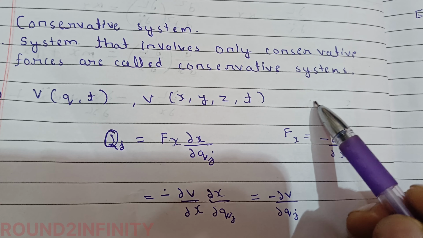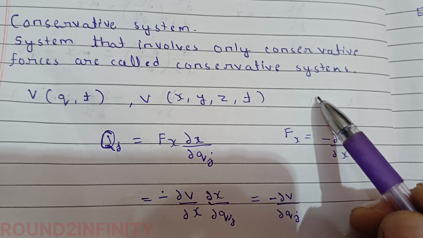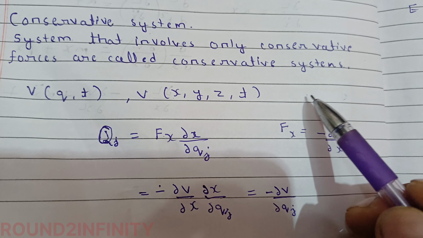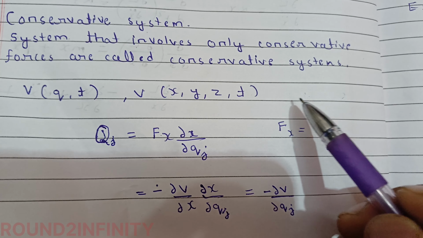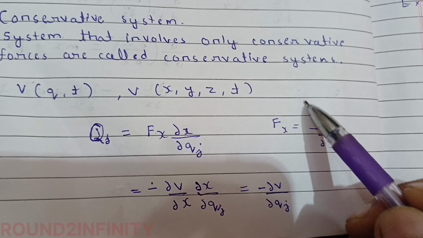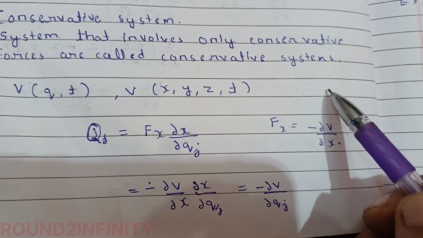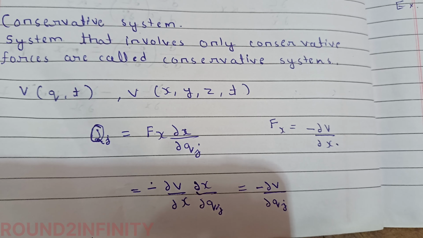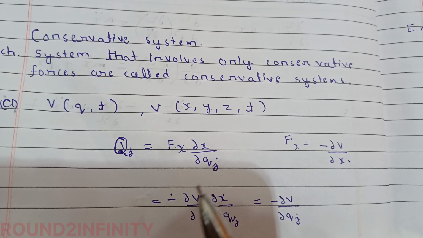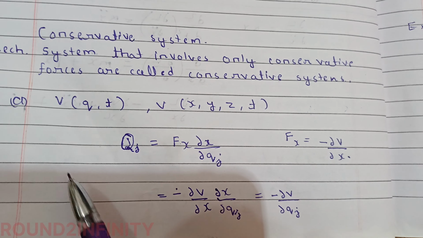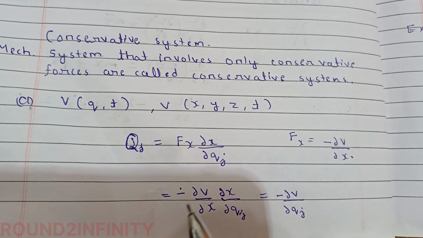Then you can write this force as the gradient of some scalar, del phi, and del cross del phi is 0. So that's how you can write del cross F equal to 0, and this F will be nothing but del phi, where phi is some scalar potential. So only potential energy is involved in conservative systems. There is no definite potential energy in non-conservative systems.